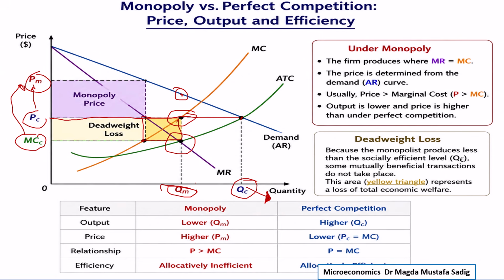So this leads to allocative inefficiency plus deadweight loss. So this is the key idea: because the monopolist produces less than the socially efficient quantity, some mutually beneficial transactions do not take place. Therefore, society loses part of the potential welfare that could otherwise have been created.